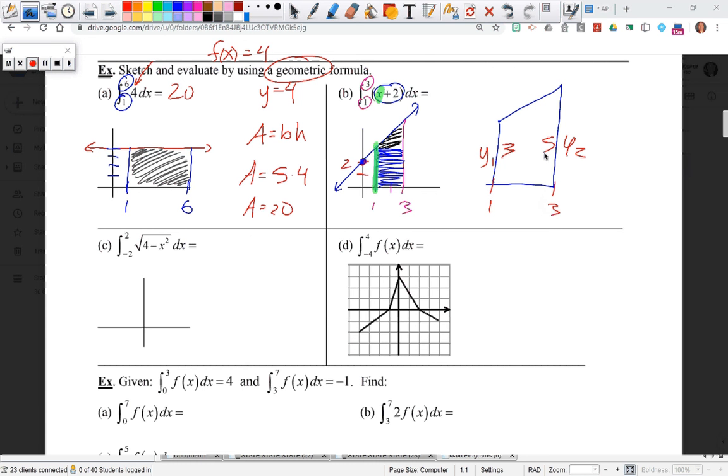What's the average of those y's? 4. Multiplied by what? 2. The height, otherwise the delta x of 2. So the area is 8. You with me?